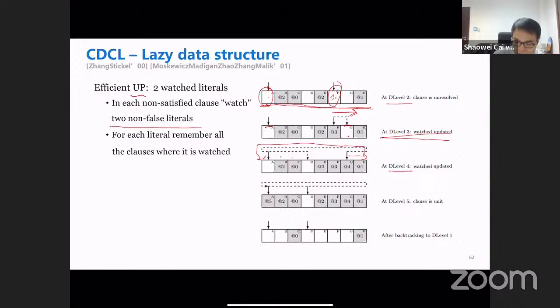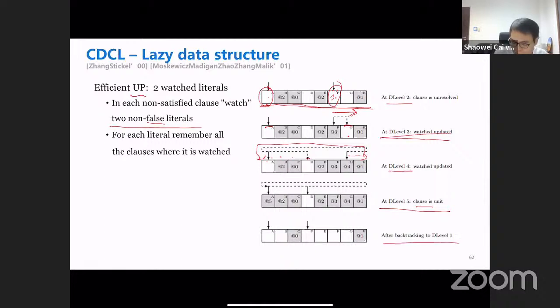Then B and C are not candidates, then move to D. So in this case, the two watchers become A and D. In this way, we can maintain the two literals. And suppose at some step, we cannot find a new watcher. All of them have been falsified. Then we know this clause becomes unit.